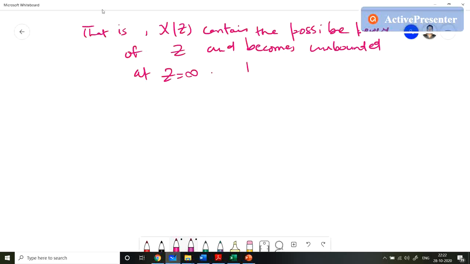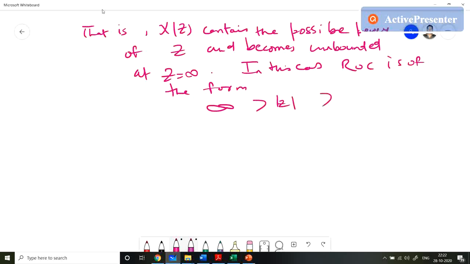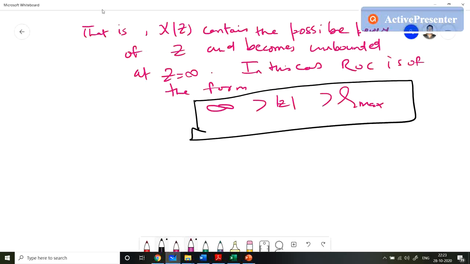So in this case the ROC is of the form infinity is greater than modulus of z and modulus of z is greater than r max.